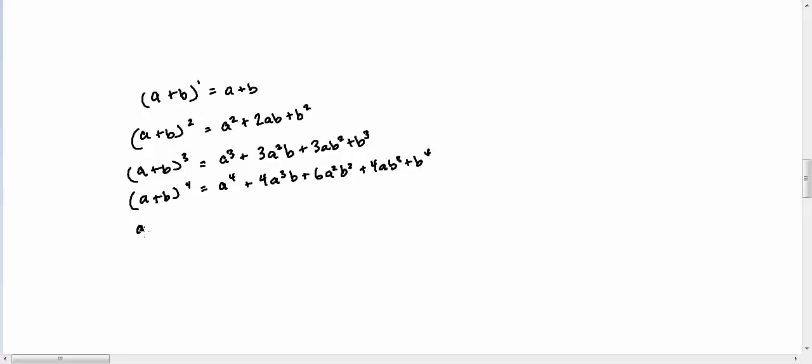I'll tell you what a plus b to the fifth power is. I think I'm seeing a pattern. Okay, it's a to the 5th plus 5a to the 4th b plus 10a cubed b squared plus 10a squared b cubed plus 5a b to the fourth power plus b to the fifth power.